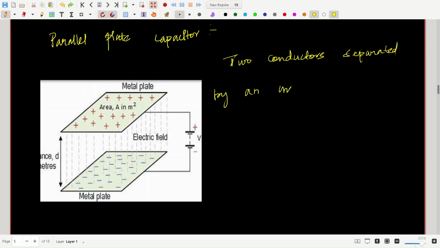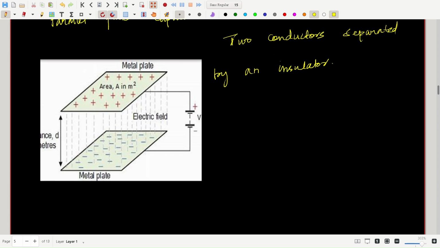In this case, the insulator is air or vacuum. Here in the diagram, they have not mentioned the medium between the plates, so we should assume that the medium is vacuum.